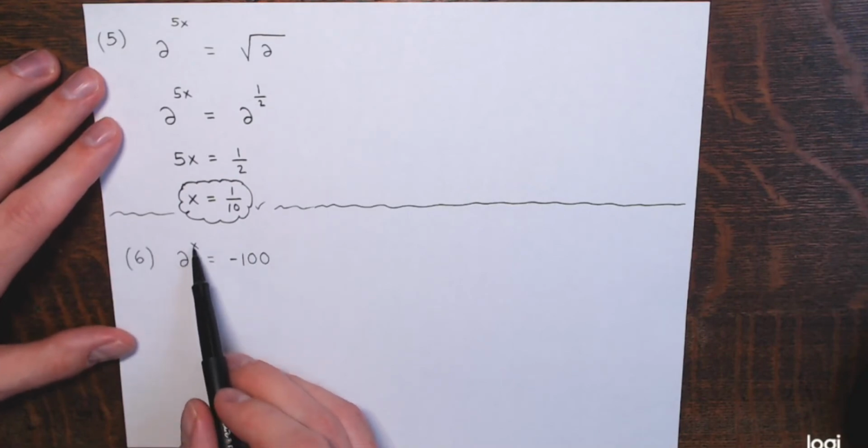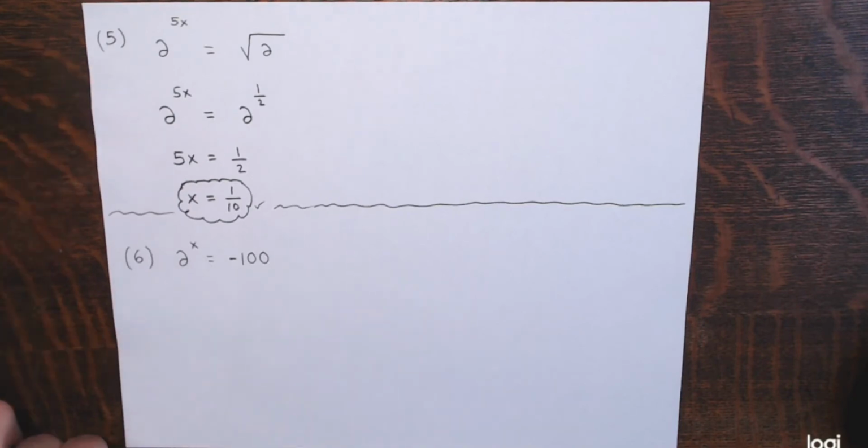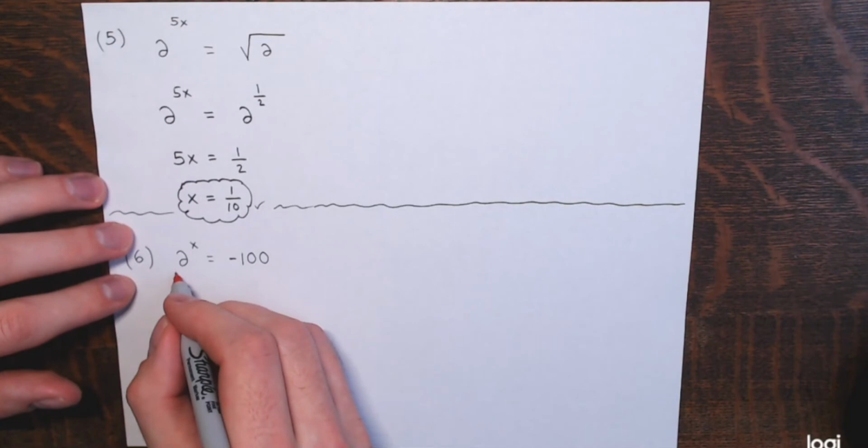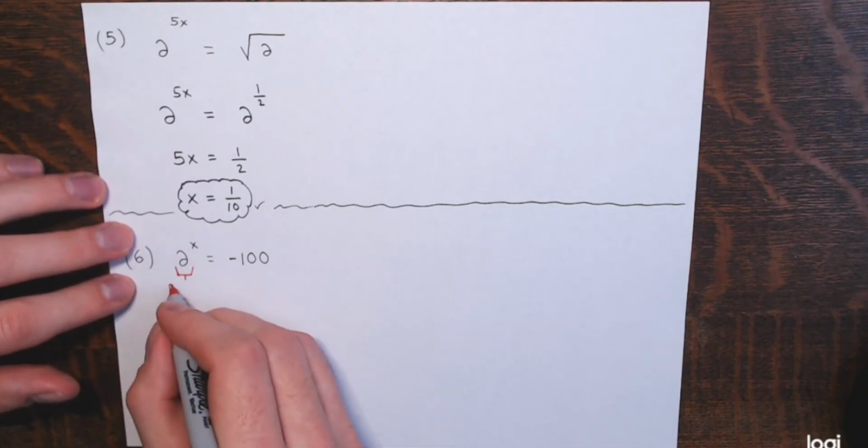Exponential functions, the basic ones, b to the x, have a range of positive numbers only. So that means this left side, no matter what I plug in for x, is a positive number.